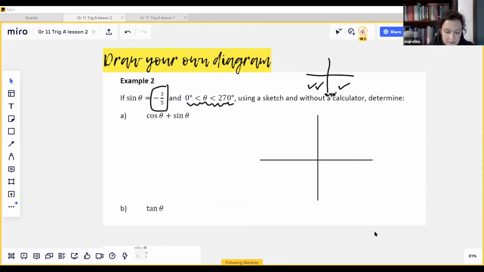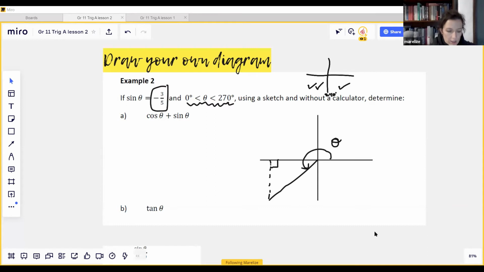And this means that theta is in the third quadrant, so it's over here. So put your theta in next. Okay, so that is where my angle is. It's in the third quadrant. Then let's make our triangle. There's my 90-degree triangle.